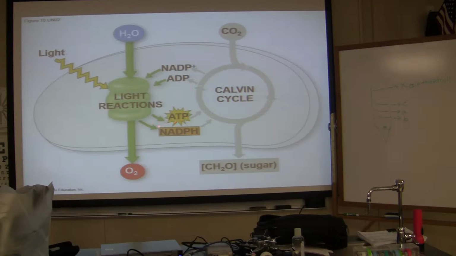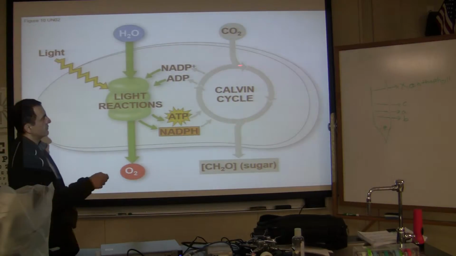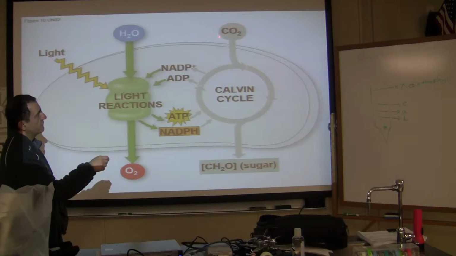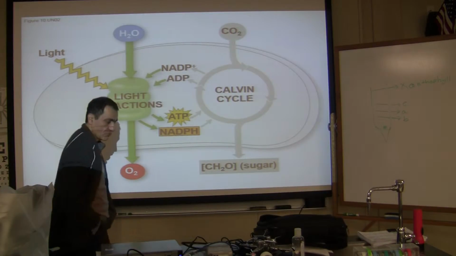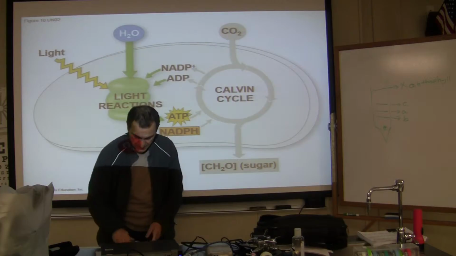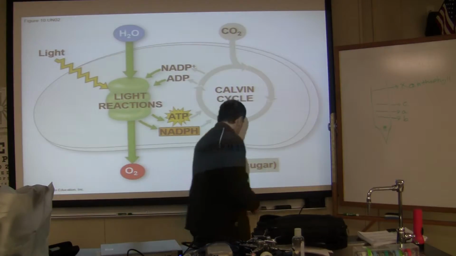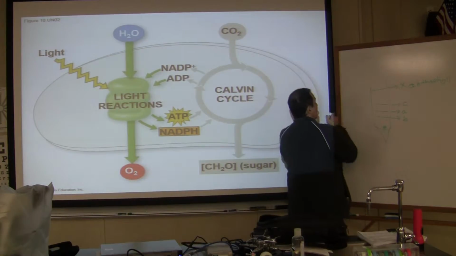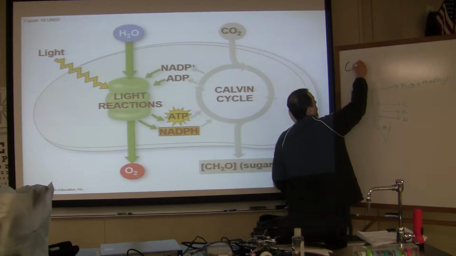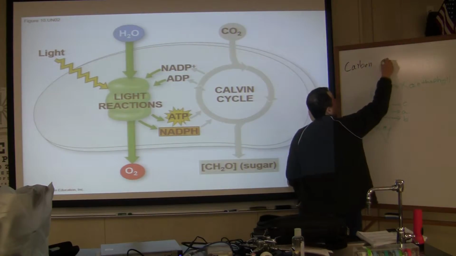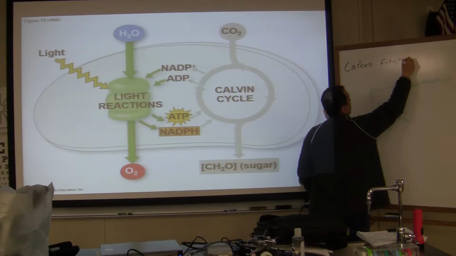When ATP and NADPH are synthesized, they go through the Calvin cycle, which is carbon fixation. I did write it on the board last time. Let me write it again. It's called carbon fixation. What does that mean?